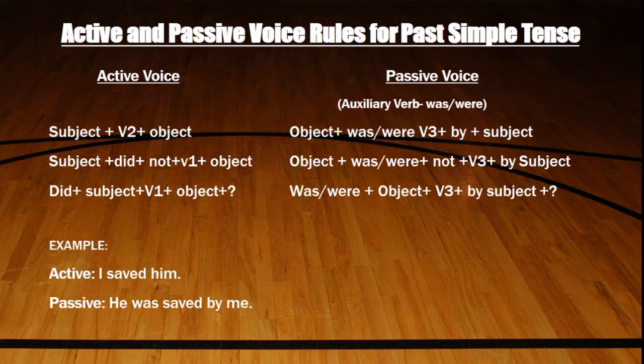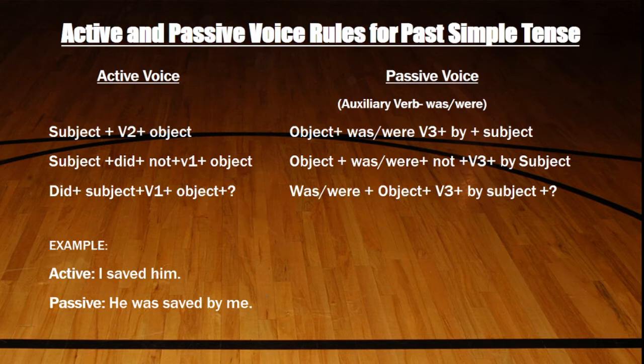Okay, and in the case of the interrogative sentence, it becomes like did plus subject, then the first form of the verb followed by the object, not to forget the question mark. And in the case of the passive voice, it would convert like was, were followed by the object, then the third form of the verb, and then by subject.